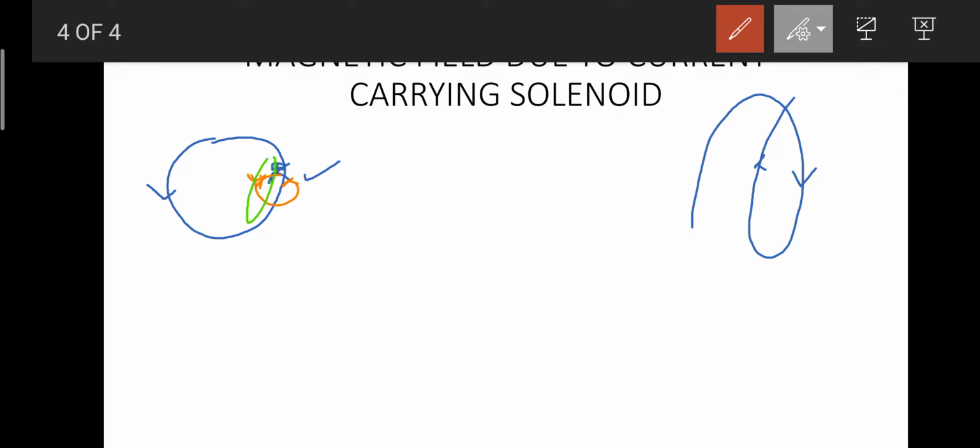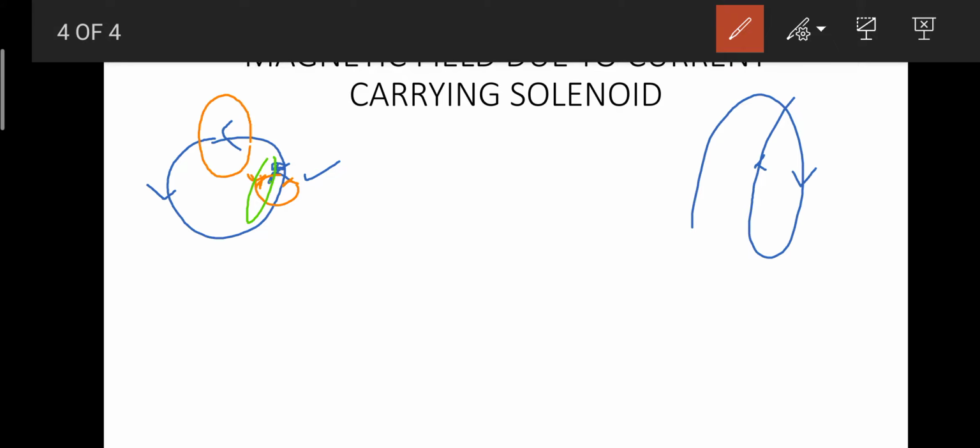Now if I want to determine the direction of magnetic field at this particular point, I would first draw the direction of current. At this point the direction of current would be like this, and I want to draw the magnetic field by again using the right hand rule. The magnetic field would be like this.